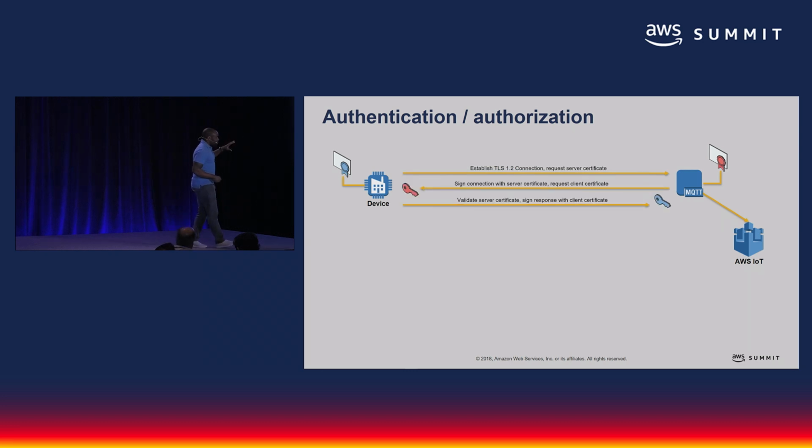Well, what happens in the first part is basically a full mutual TLS handshake. So the device will basically say, I've got a certificate, I'm going to send it to AWS IoT, I keep my private key private. It's going to say, I also want to understand if you are the server I should be communicating with. The server is actually going to sign something with their server certificate. So this is going to say to the device, you can trust me, here's my server certificate.